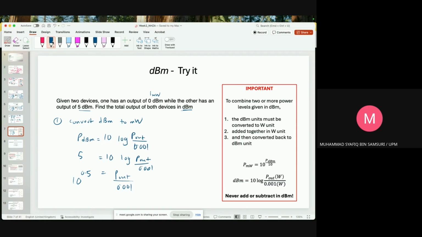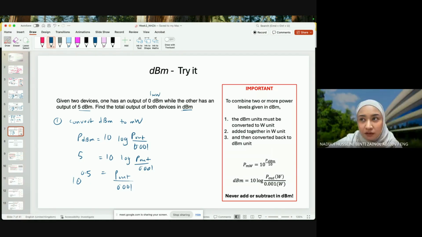Okay, so 10 to the power of 1 over 2 is, I don't know. So let's just hope the math solves itself. 0.001 in watt. Okay, so this looks better. And then this is your P out number 1 or maybe number 2.